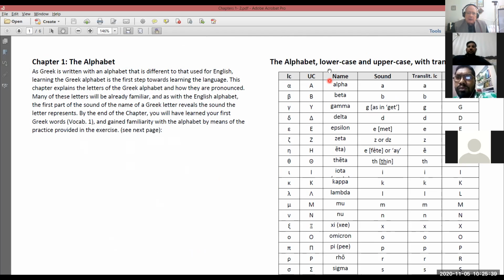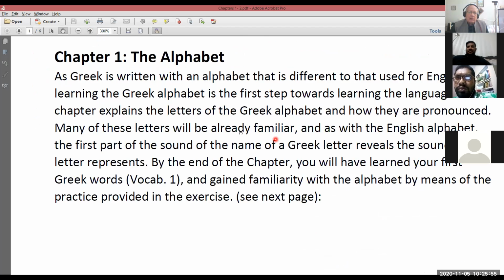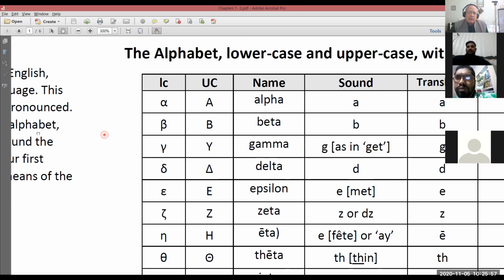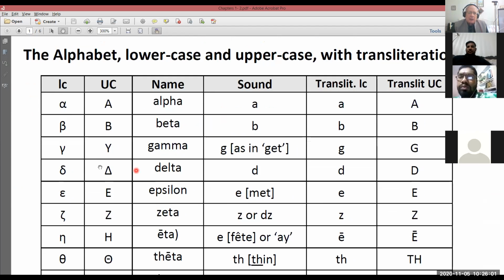And over here, I have to stop annotating, maybe. Oh, no. On the other page, you have this chart, and you have actually a notebook I've sent to you.